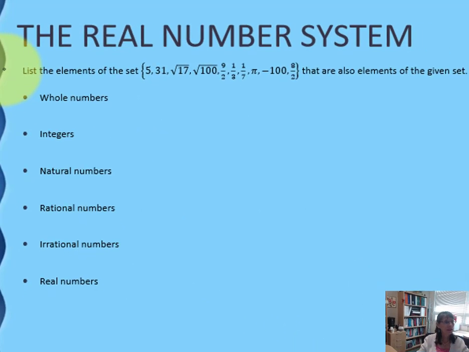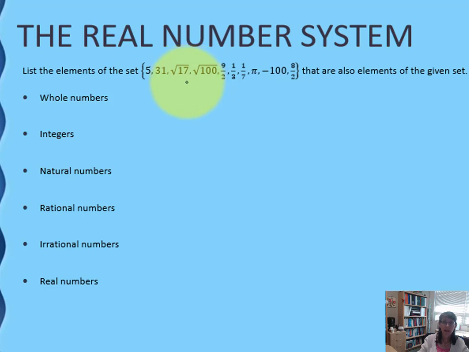Here's one more example. We have a list of the elements of the set: 5, 31, square root of 17, square root of 100, 9 halves, 1 half, 1/7, pi, negative 100, and 8 halves. So let's look down the elements again. 5, 31, square root of 17.